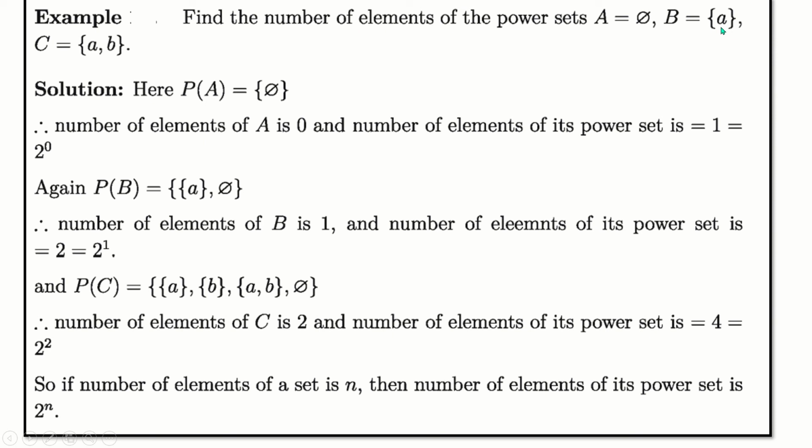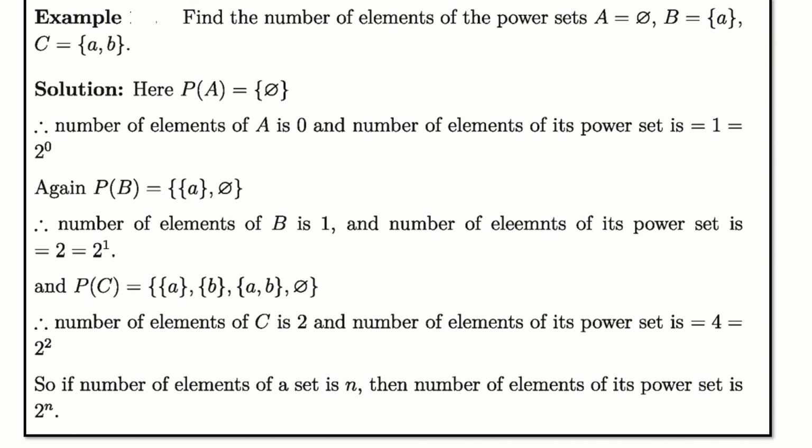Here the set given has element A. The subsets of this set will be two: one is the null set and another is itself. As the null set is a subset of every set, the subsets of the set B will be two, one is the null set and another one is itself.